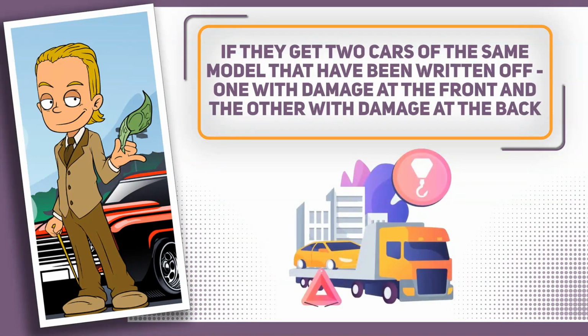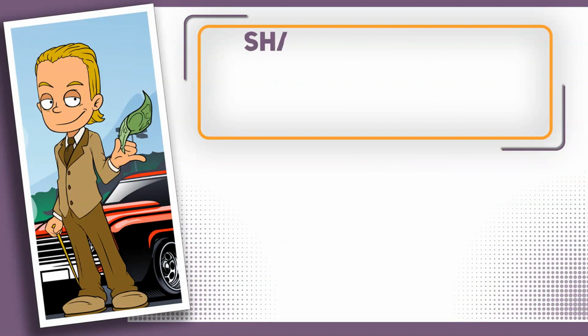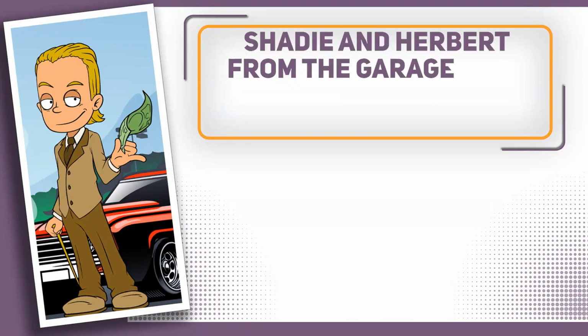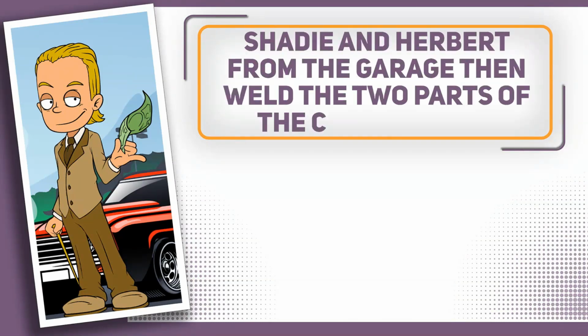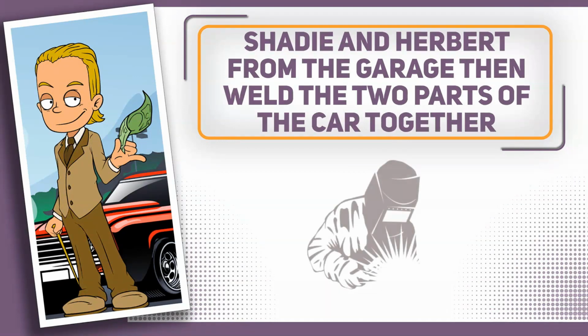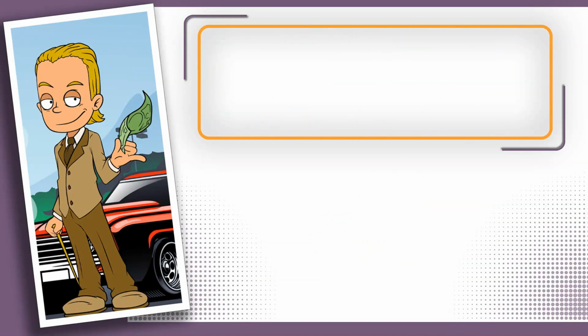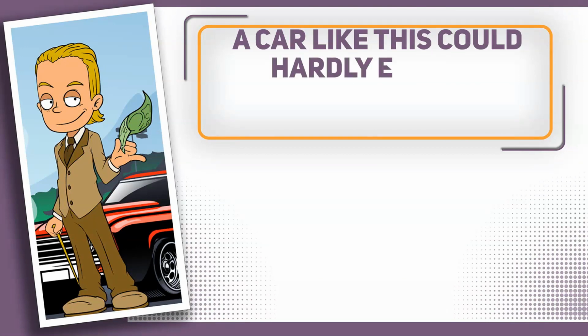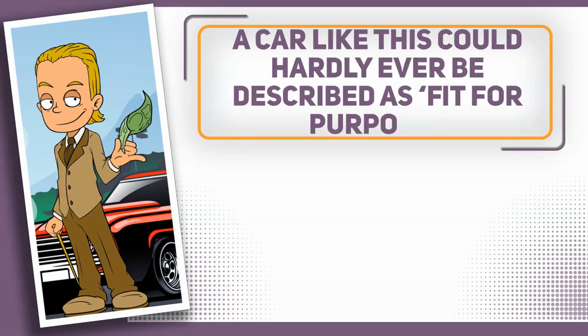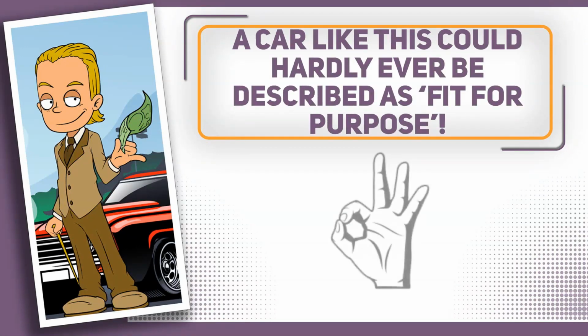He'll buy them both for a super low price. Shady and Herbert from the garage then wheel the 2 parts of the car together and give it a quick spray of paint, and sell it to the next customer they feel they can palm it off on as a special offer. Let's face it, a car like this could hardly ever be described as fit for purpose.